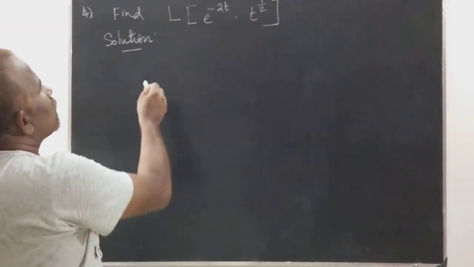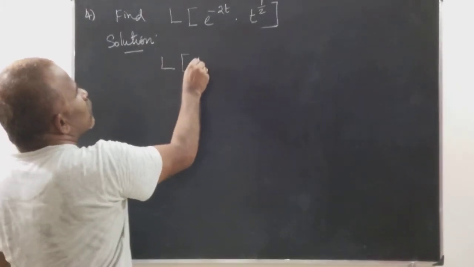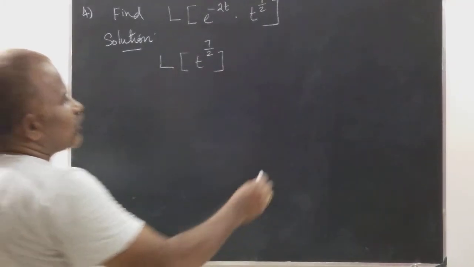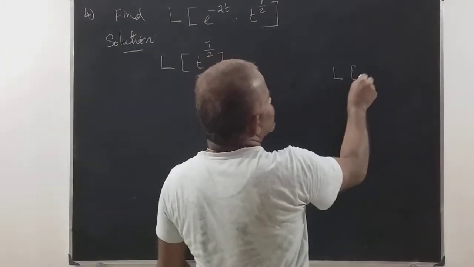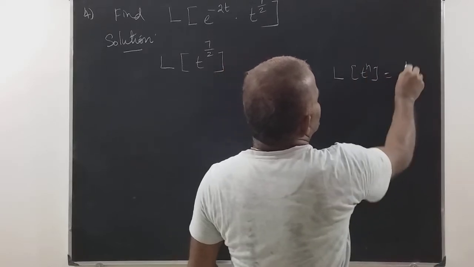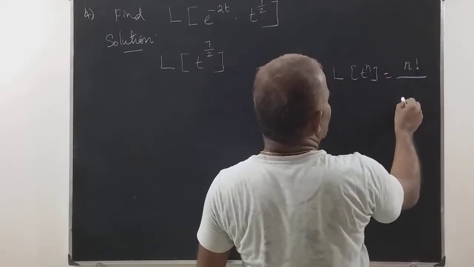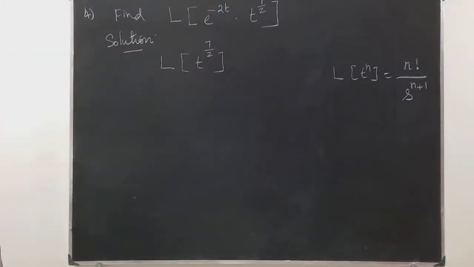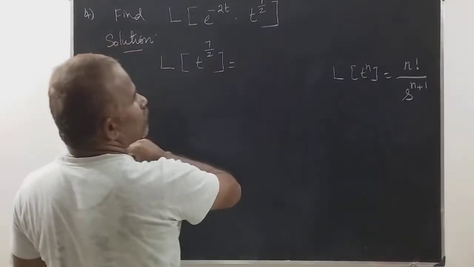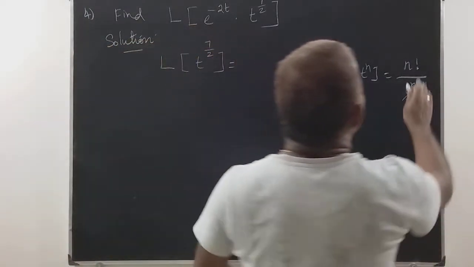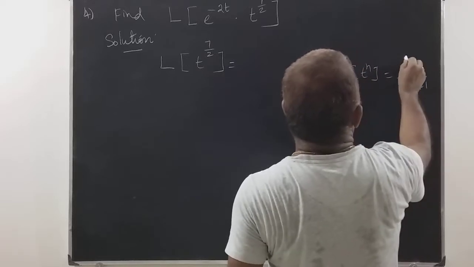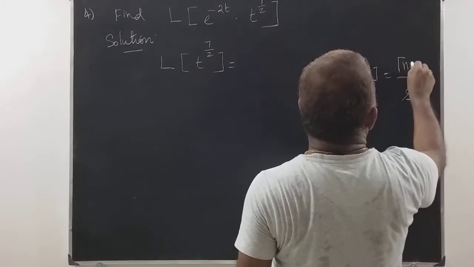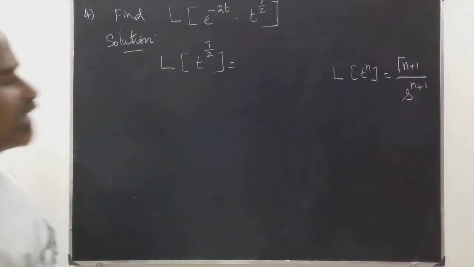First, we have to find the Laplace transformation of t power 7 by 2. So we know that Laplace transformation of t power n is equal to n factorial divided by s power n plus 1, or otherwise we can write gamma of n plus 1 divided by s power n plus 1.